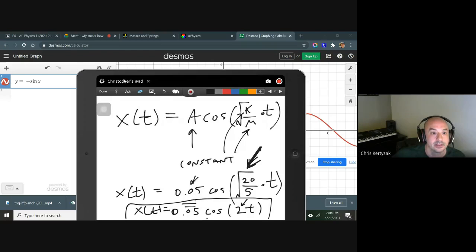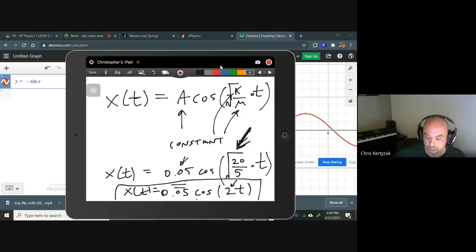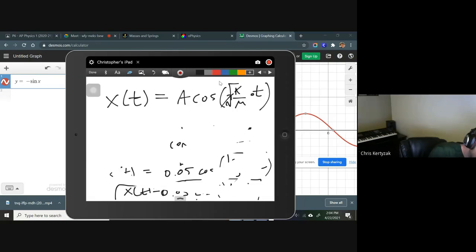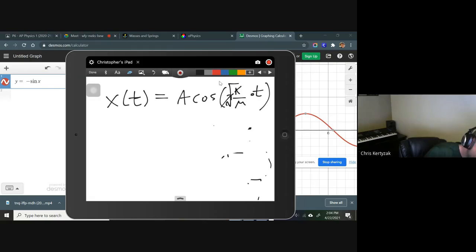See? So now what we're going to do is erase all this, and we usually write the function that models the velocity as it goes back and forth as v of t is usually how we write that. We put a negative in the front, which I kind of forgot about, so let me make that a negative a.